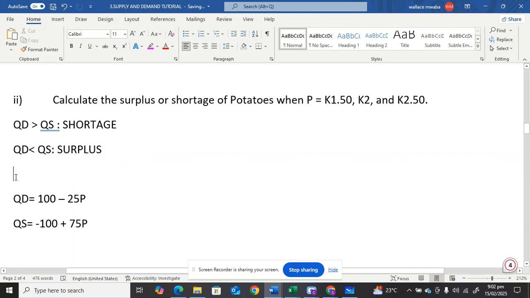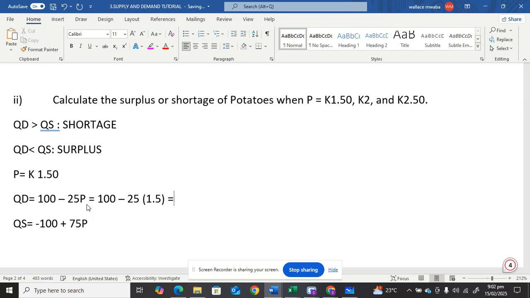So we start with when the price of potatoes is 1.5 kwacha. So in our demand function, this becomes 100 minus 25 multiplied by 1.5.